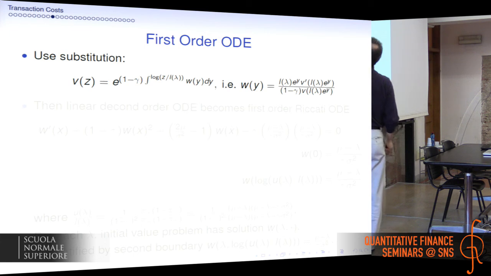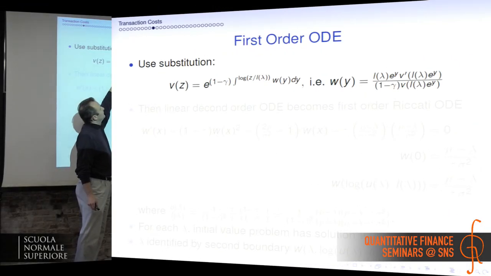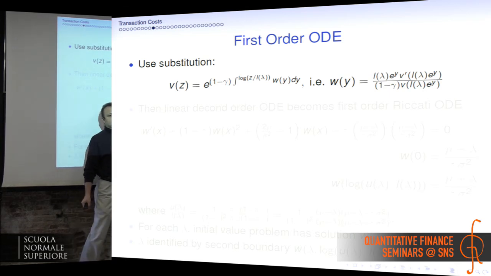And we're going to say that this is going to be the exponential of the power of the utility times the integral of something. And this something is what we're going to call our new value function. So we're going to make a substitution here.